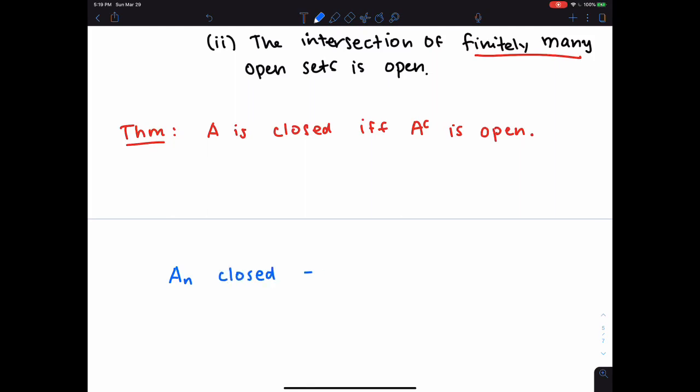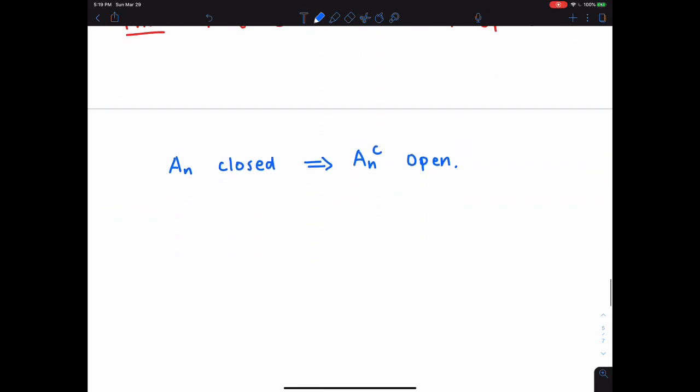We now know that means that A_n complement is open, and we know what happens with open sets. So let's say I wanted to figure out the union of A_n. Is the union of my A_n closed? That's what I would like to know.